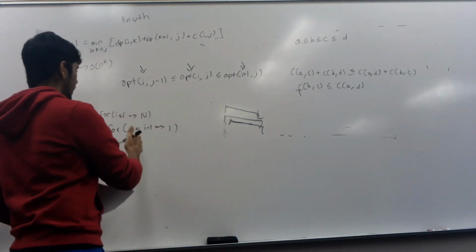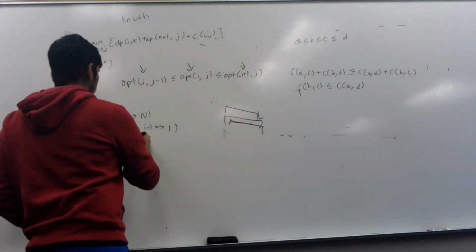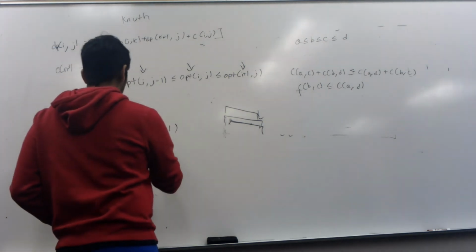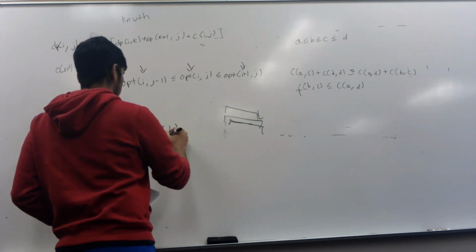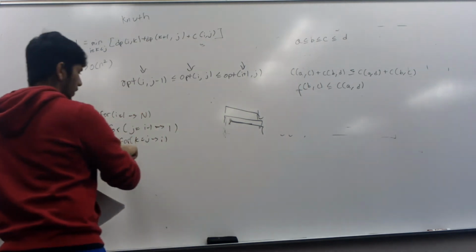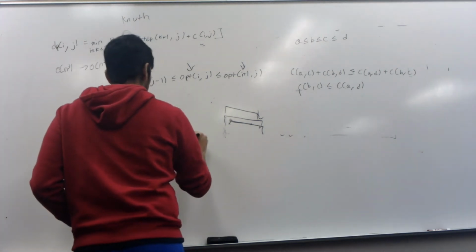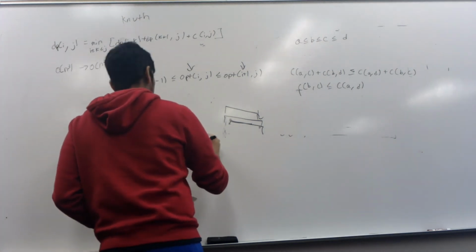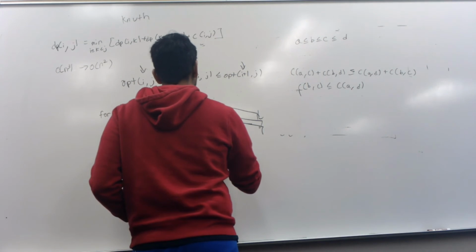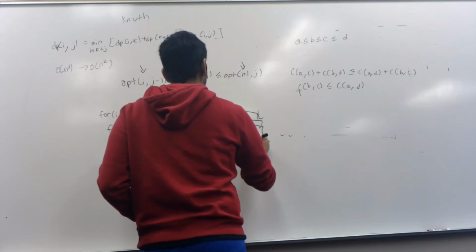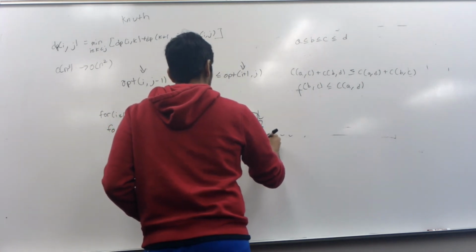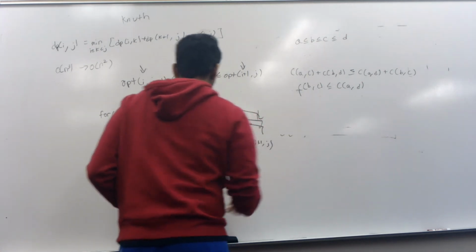So once we have our (i, j), instead of doing for k equals j to i, we say for k equal to opt(i, j-1) and loop up to opt(i+1, j).